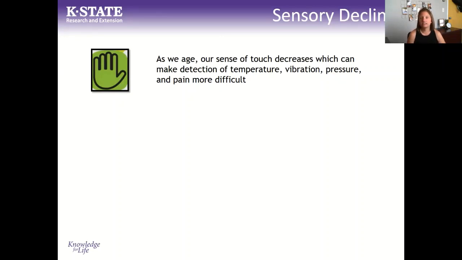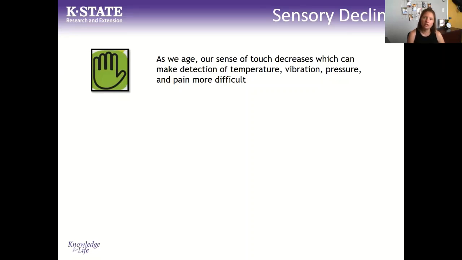Another instance where a decrease in your sense of touch can become an issue is if an older adult perhaps experiences a cut or a laceration or some sort of injury to either the hands, but particularly the feet, because you generally can't see them as well, and you may not be able to feel what's going on.